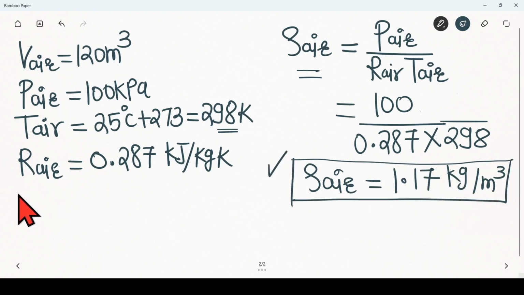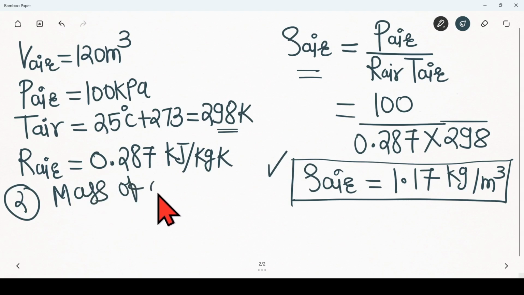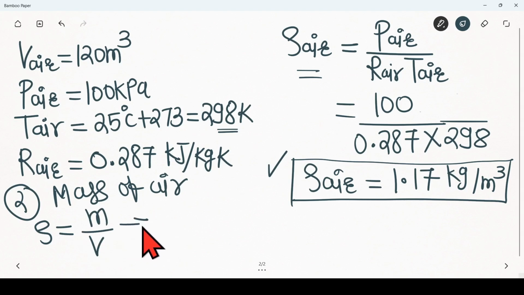So the next question is, what is the mass of the air inside the room? Mass of the air. So as we discussed previously, density is equal to mass per unit volume. And from this I can write mass is equal to density multiplied by volume. What is the density of the air?